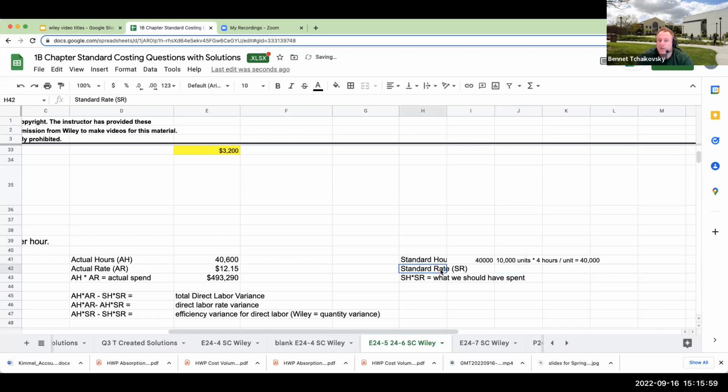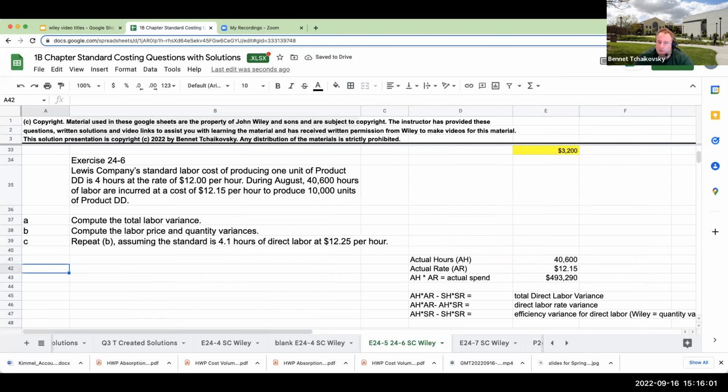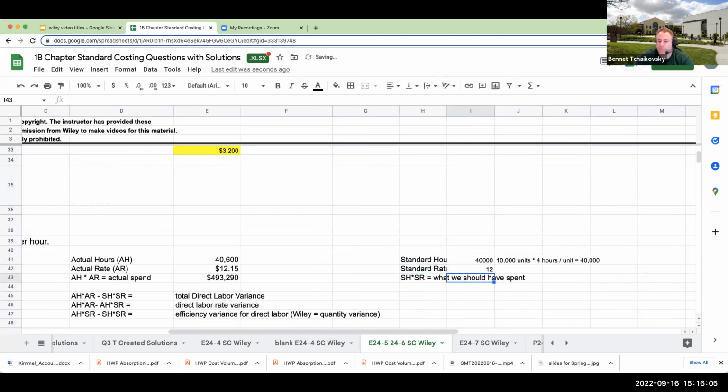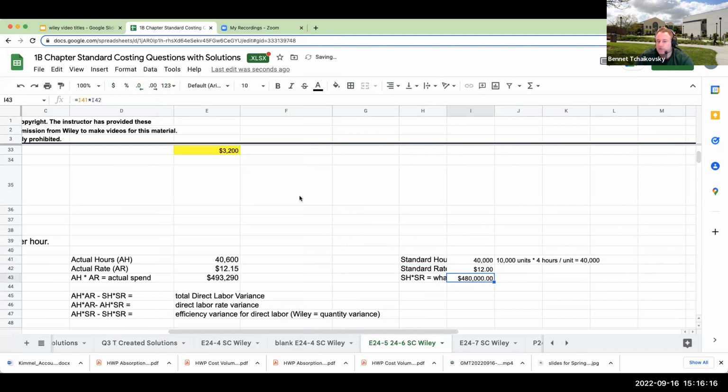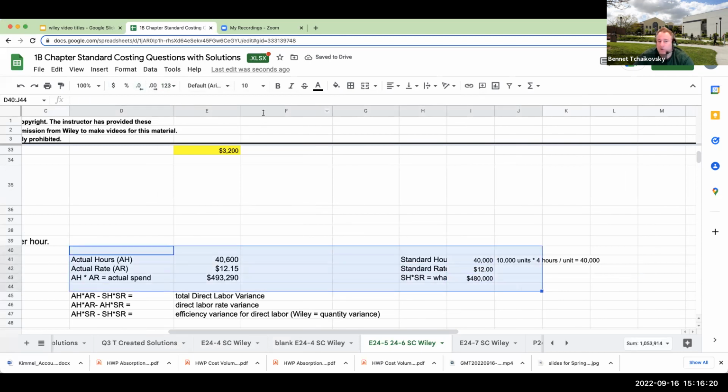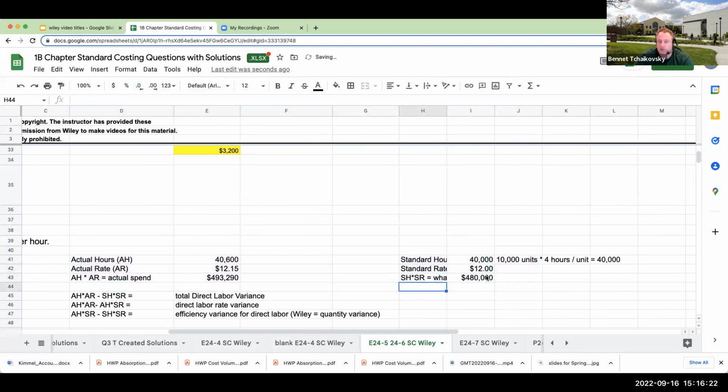Okay. Now my standard direct labor rate, or my standard rate, is $12 per hour. So the amount that I should have spent on my direct labor is going to be $480,000. Okay, so this is how much I should have spent. How much did I actually spend? Well, I actually spent 493,290.